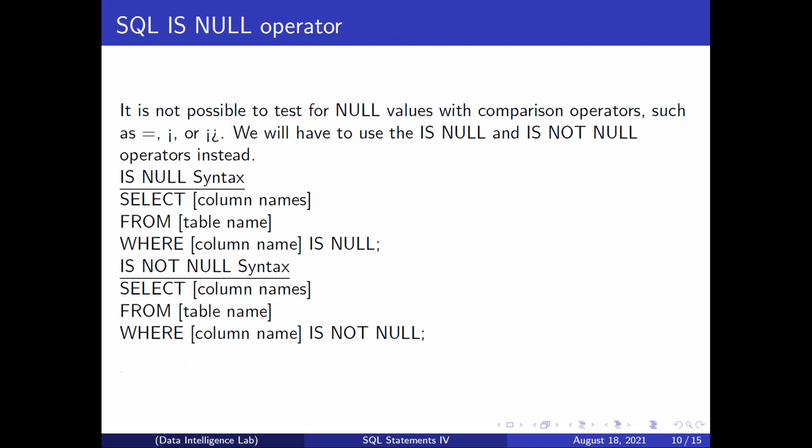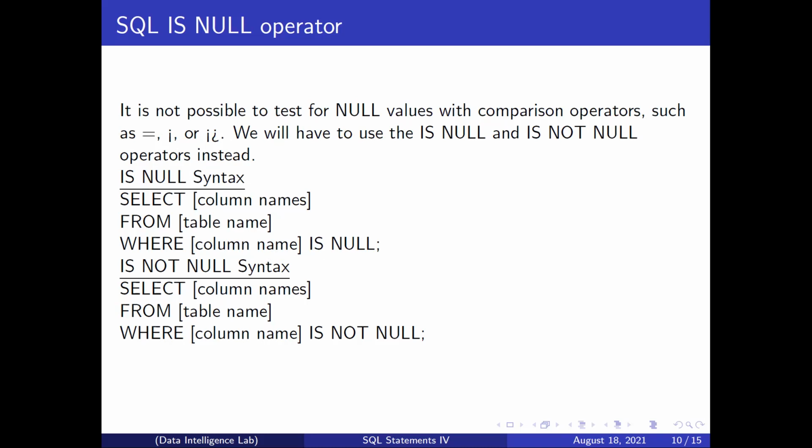Oh, okay, so we have the is null operator. Sorry, I have some missing symbols here, but I'm going to explain. So the is null operator, is null simply means empty in clear terms.